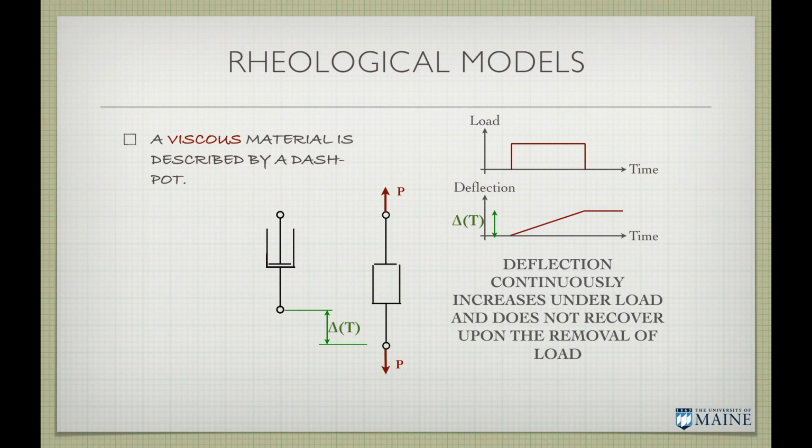So DMAs assume that you have, I think it's the Maxwell, the spring and dashpot in series, in the DMA software. That's what they assume you are testing. All their answers are assuming that. And so that's not true.